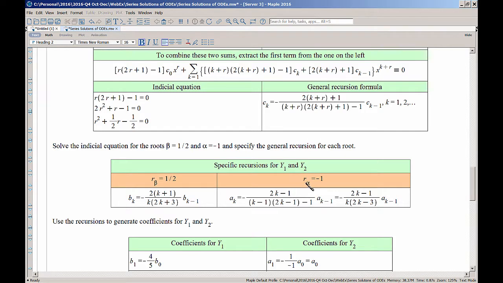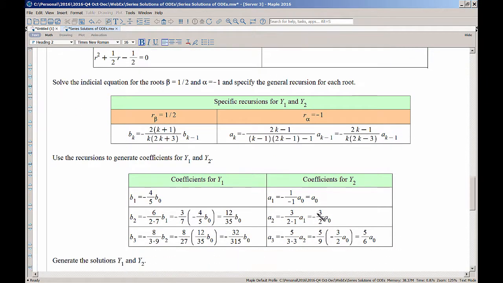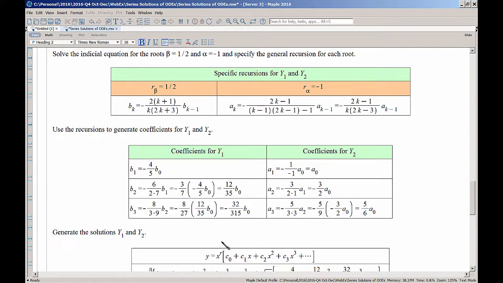And when r is minus 1, that was the alpha value, I'll use a, and this is what you get, and this denominator cleans up a little bit, and you get this. And very pleasing to see the symmetry. Here it's 2k minus 3, here it's 2k plus 3, here it's k plus 1, here it's k minus 1. Okay? And then it's a question of just plugging numbers in to generate the coefficients one after the other.